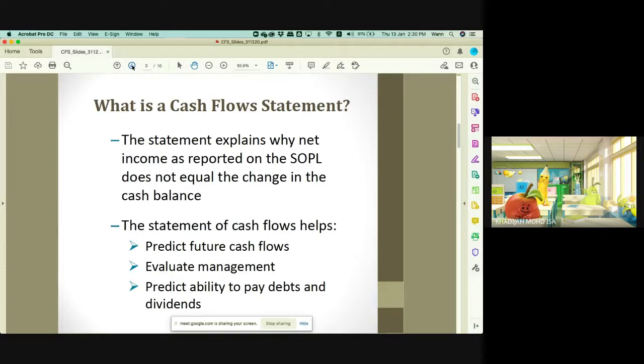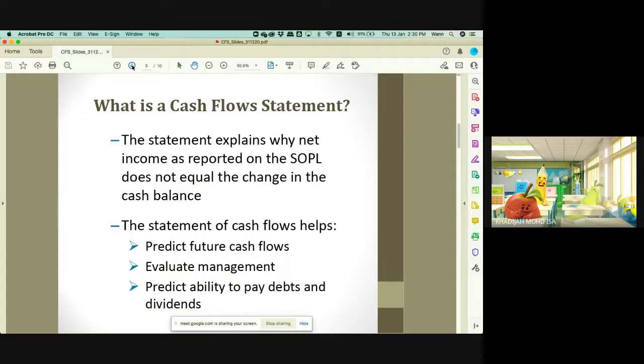So there's no cash inflow or outflow at that point of sales or purchases, but you still record that and recognize it in the profit and loss. That's why your profit will not be the same as your cash balance.